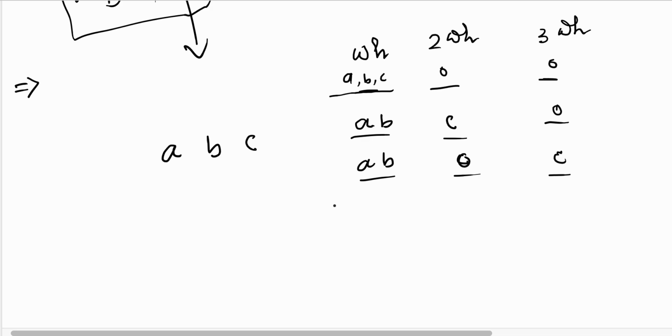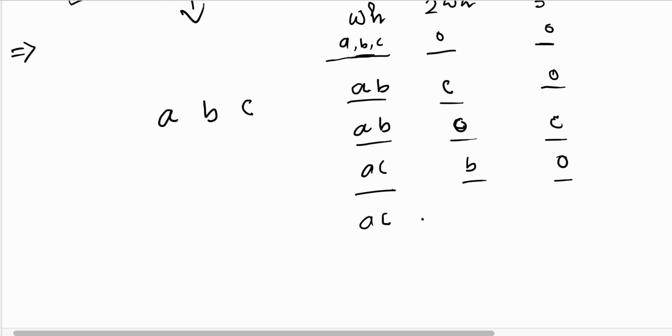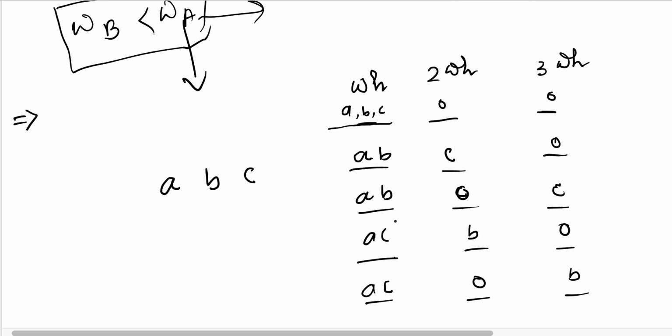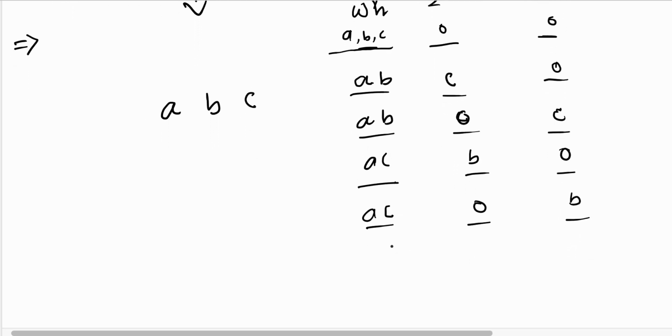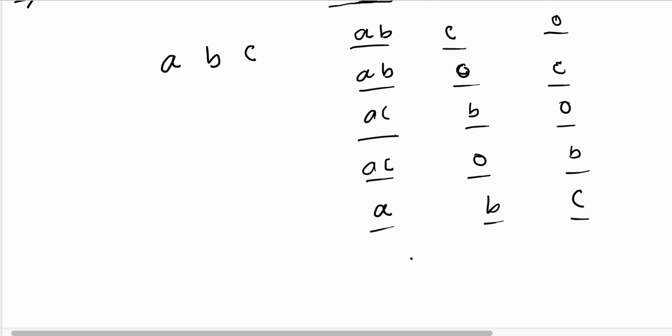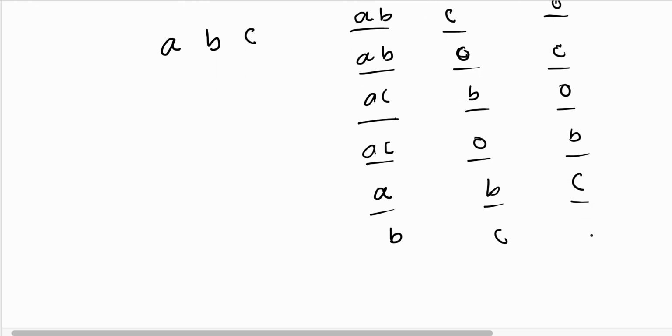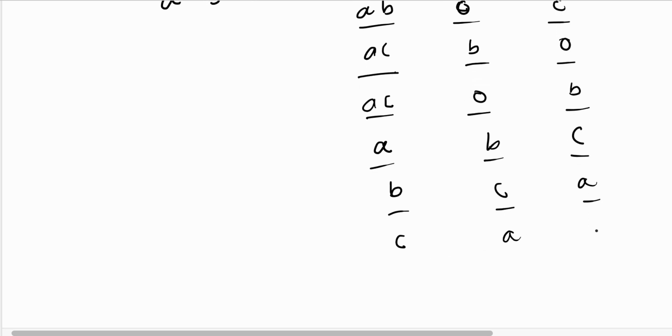Another way is A, C with B there, and A, C, 0, B. And another is I can put A, B, C, then B, C, A, and C, A.